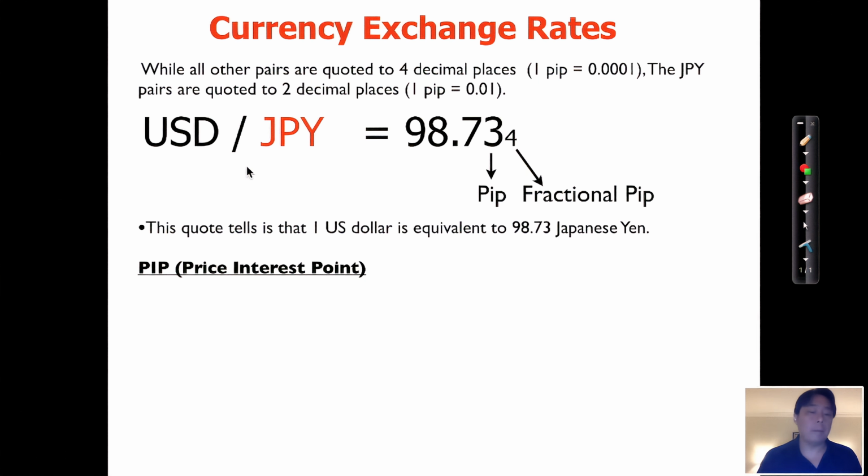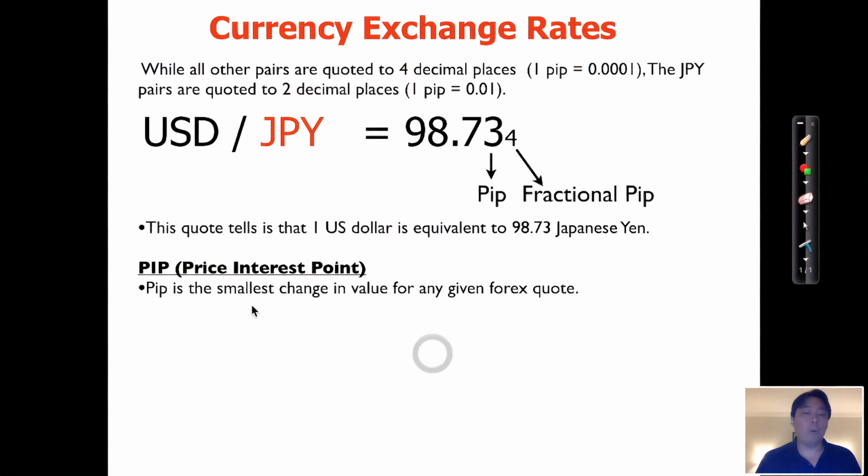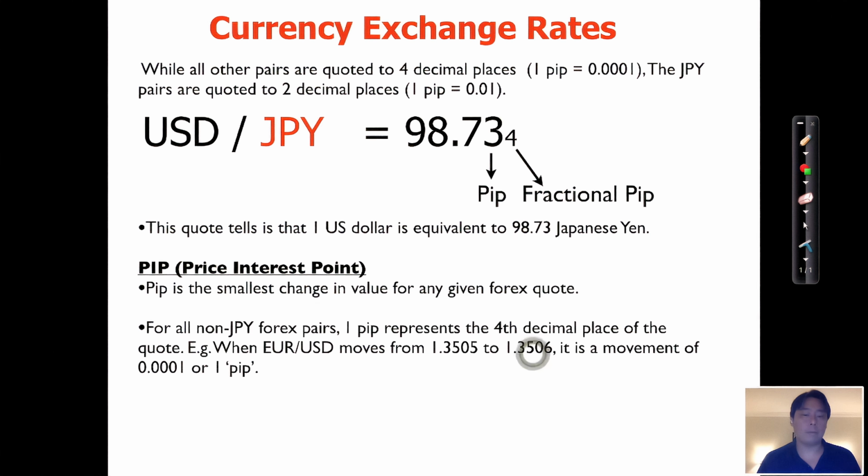So again, what's a pip? A pip is known as a price interest point. It's the smallest change in value for any given forex quote that we're interested in. Of course, the smallest one is the fractional pip, but we don't care about that. So it's the smallest one we care about. Once again, for all non-yen forex pairs, 1 pip represents the 4th decimal place of the quote.